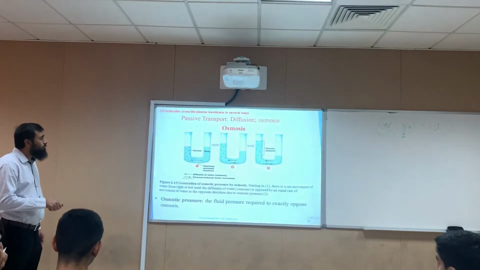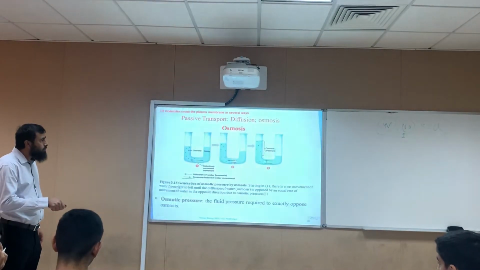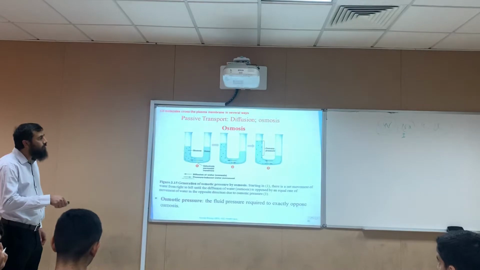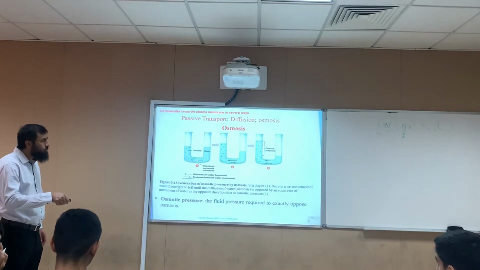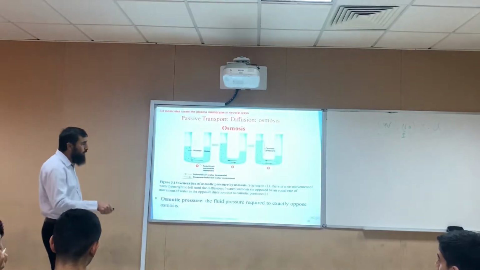So water should move from this region of high water concentration to low water concentration. This happens through that selectively permeable membrane. This water movement happens until you get this osmotic pressure in this tube equalizing with the movement of water, okay?